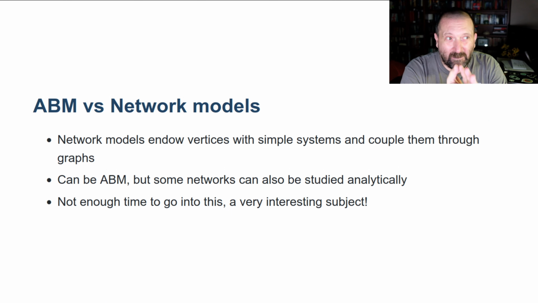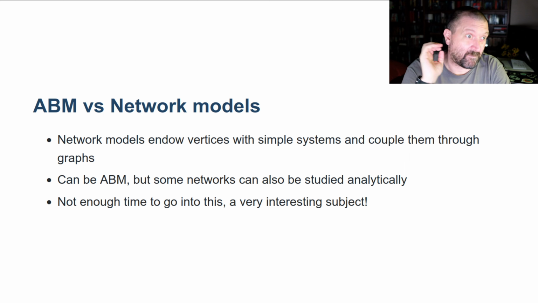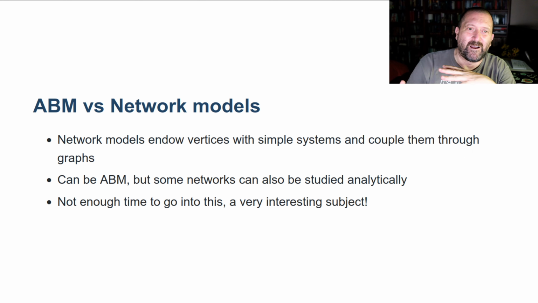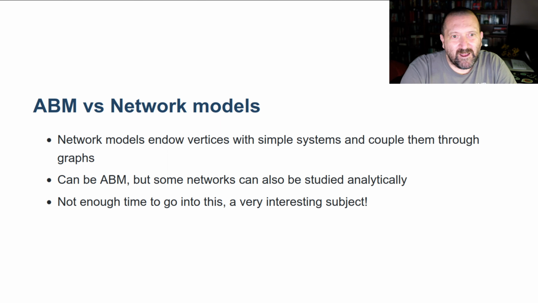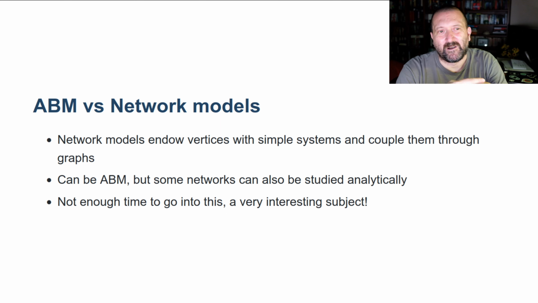Another point that I would like to make is that ABMs are typically not like network models, which are models which endow vertices with simple systems. They essentially resemble metapopulation models, but where the constituting units have much simpler models. They can be ABMs.